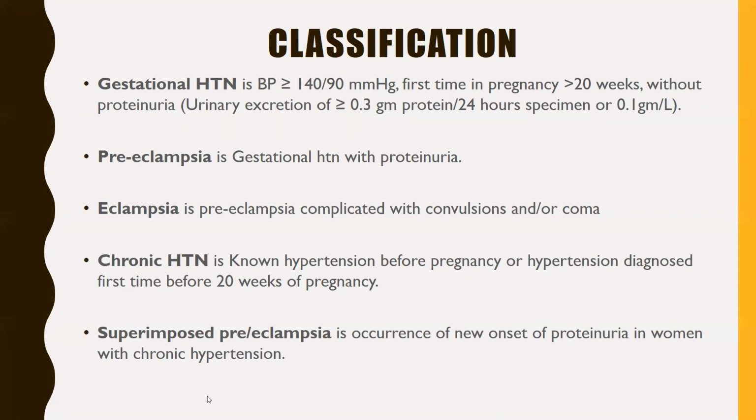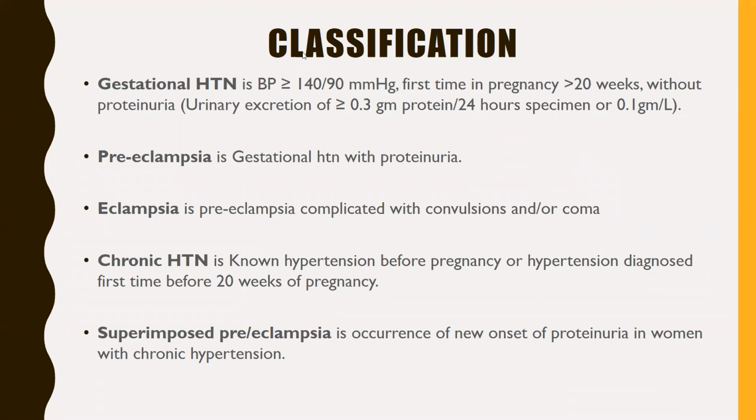So you're going to categorize that as preeclampsia, which is gestational hypertension with proteinuria. And then eclampsia is just having preeclampsia with convulsions and a coma. So the patient can be convulsing and in a coma, or just convulsing, or just in a coma, but also has preeclampsia.